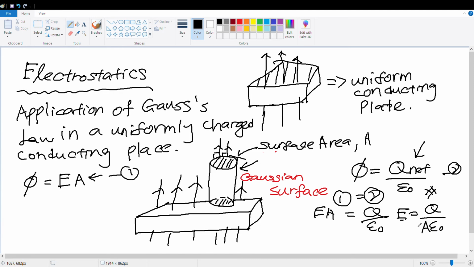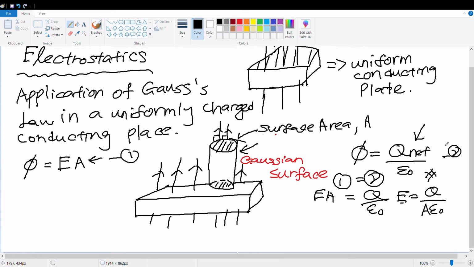Okay, so let me just scroll it down. As we talked about from the previous chapter, we know that Q over A is equal to the surface charge density of the charge plates.